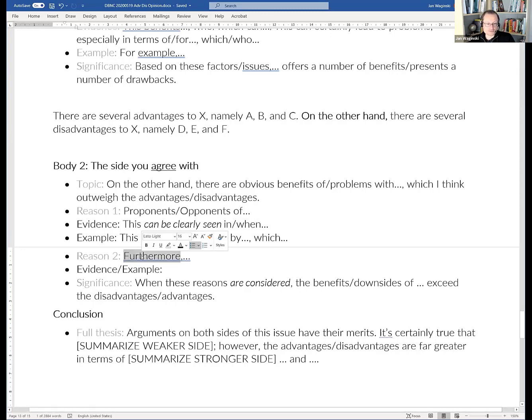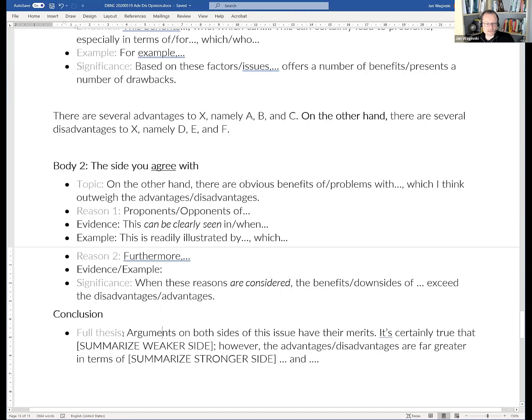Give a second reason why the disadvantages outweigh the advantages. Another evidence and example, then end off by saying, when these reasons are considered, the downsides of knocking down old buildings exceed the advantages. Very important sentence. It clarifies what your opinion is on this issue.